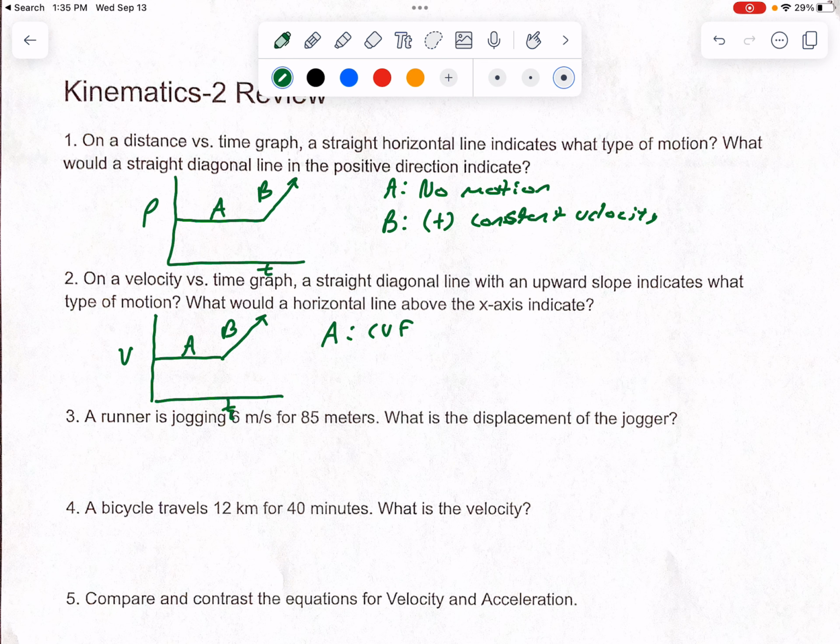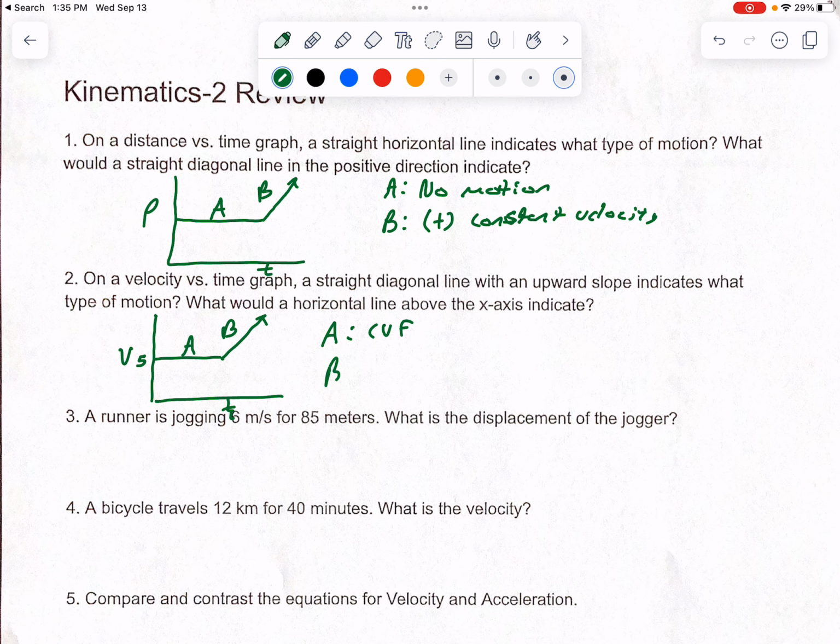Two reasons why. One is your velocity is not changing. If I say this was like 5 meters per second right there, that just means I'm constantly going 5. It doesn't mean I'm not moving. It just means I'm constantly going 5 meters per second. And the fact that it's forward means you're above the x-axis. That's how you know you're going forward on a v versus t graph, which we'll do more later.